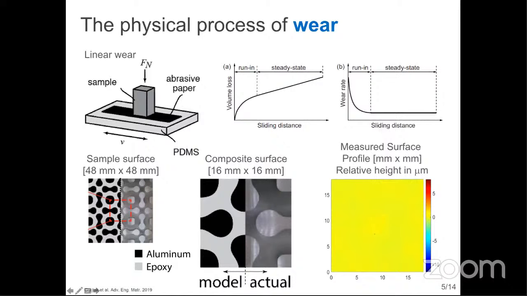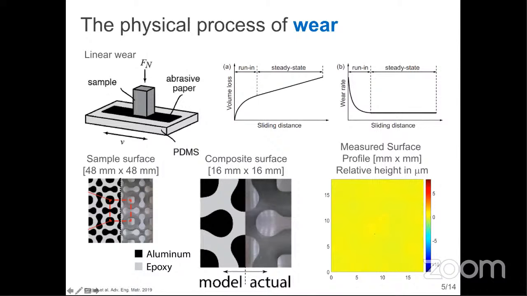A high wear rate means we're wearing a lot, we're removing a lot of material, and it is not wear resistant. The other key feature that is shown is there's always a transition from a transient run-in regime to a steady state regime. Run-in starts out with a high wear rate, which keeps decreasing until the steady state is reached.